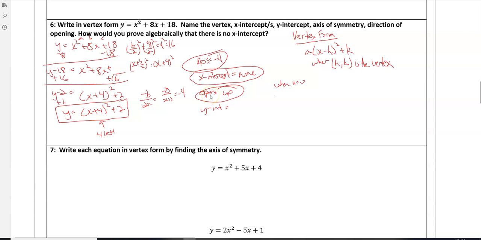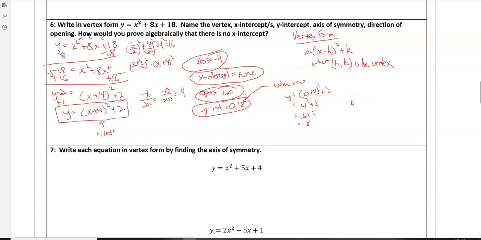When x equals 0 right here, the y-intercept. So it would be y equals 0 plus 4 squared plus 2. So I plugged in 0 for x, right? And I got 4 squared plus 2, 16 plus 2, 18. So the y-intercept is at 0, 18. There's my y-intercept.